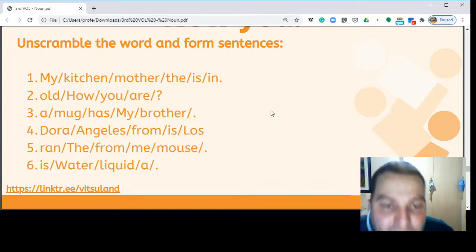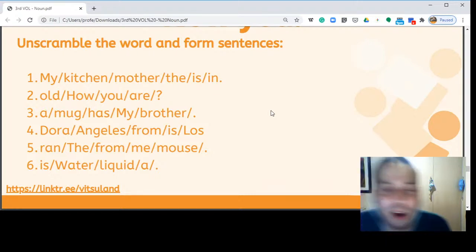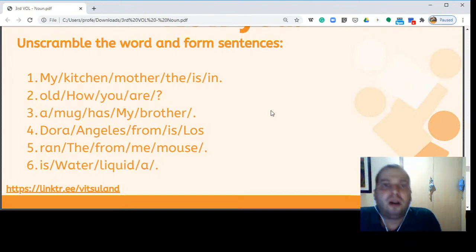Dora, Angeles from Islos. In this case, we have Los Angeles. I know some people may not know this, but Los Angeles is a very well-known place, right? So Dora is from Los Angeles. We're not going to misunderstand this.